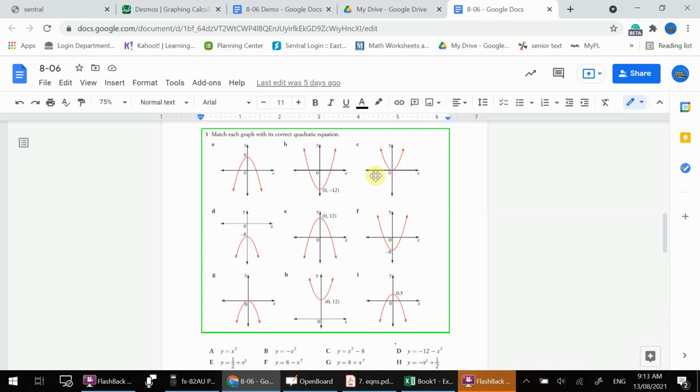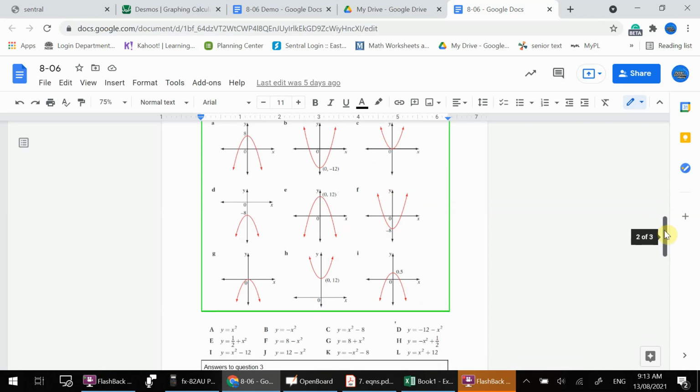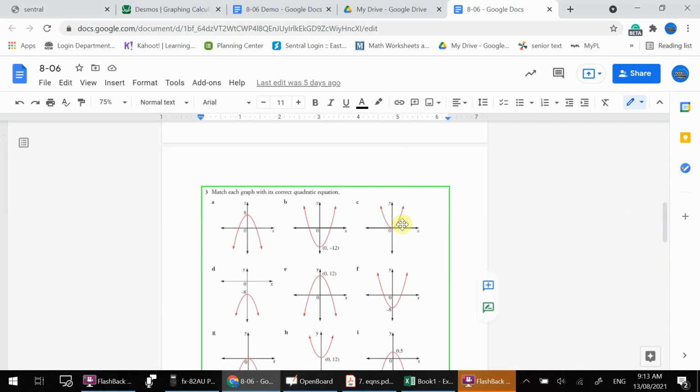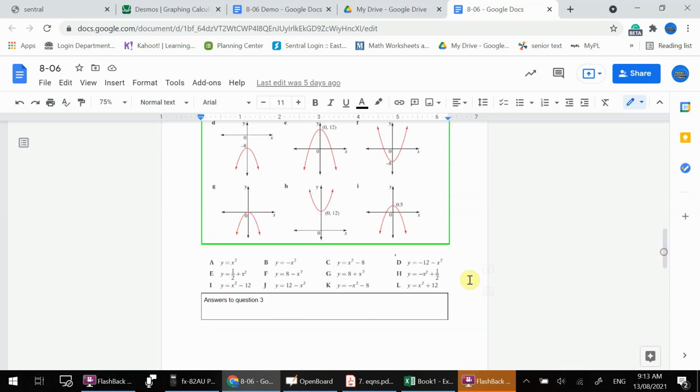So this one, because it's centered around 0, that's just y equals x squared, which is A. So that's C is equation A. This one, the whole thing has been shifted down to minus 12, so that'd have to be y equals x squared minus 12. There it is.